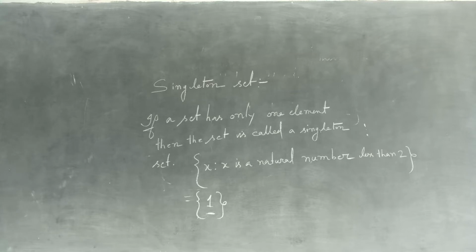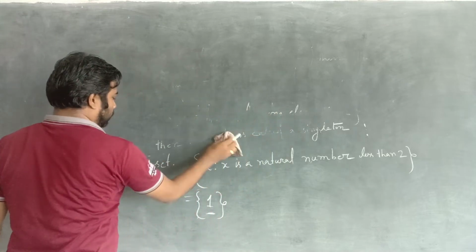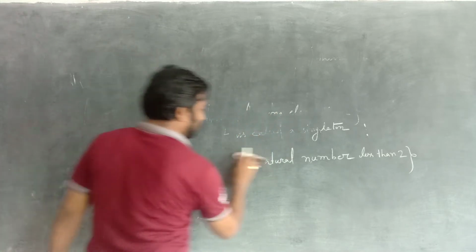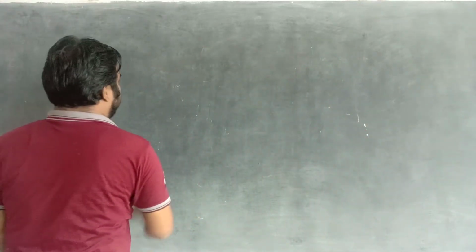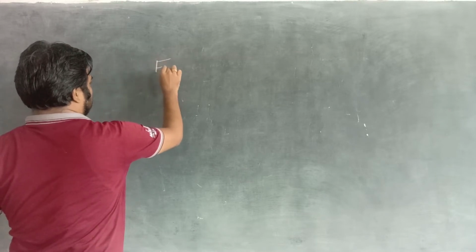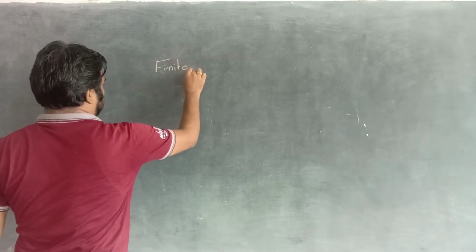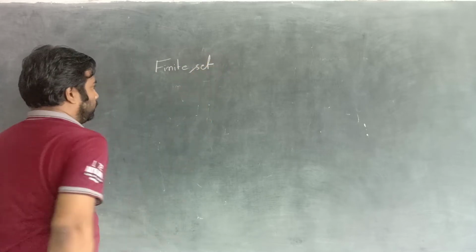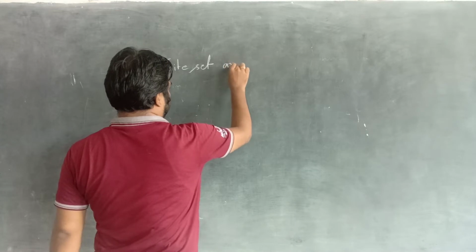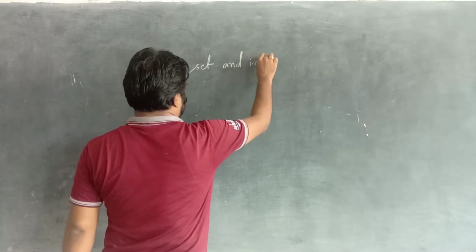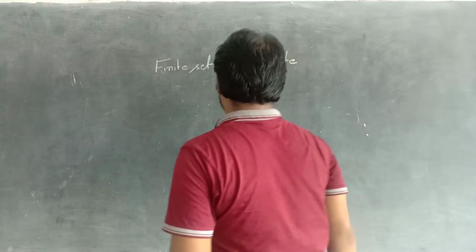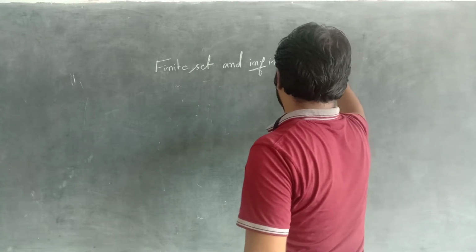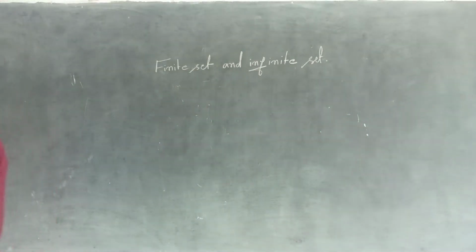Next is finite set and infinite set. Definition of finite set and infinite set.